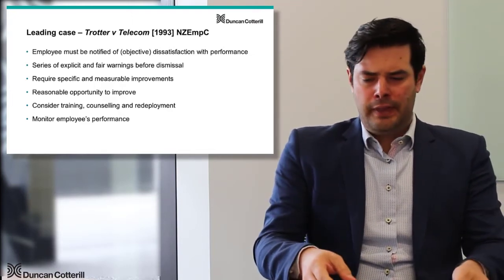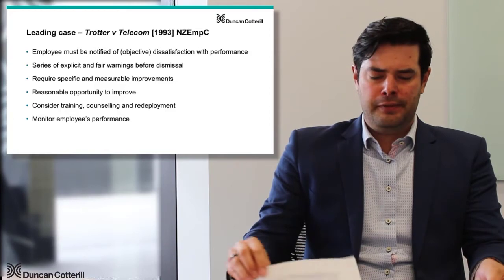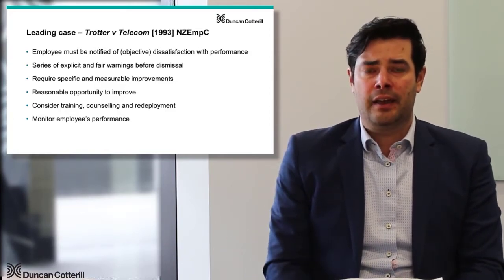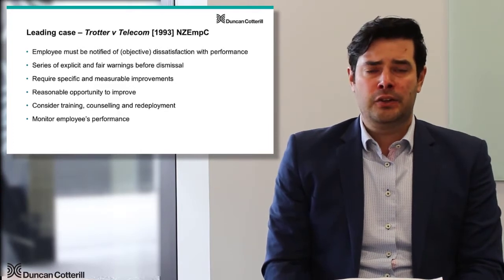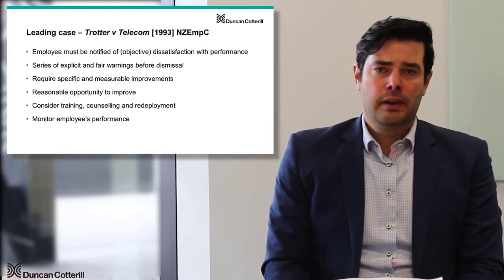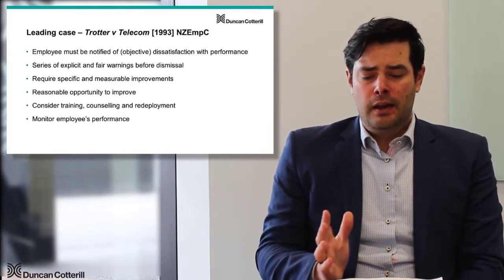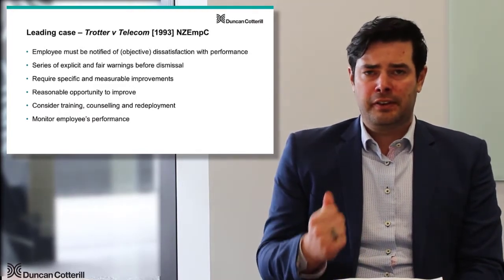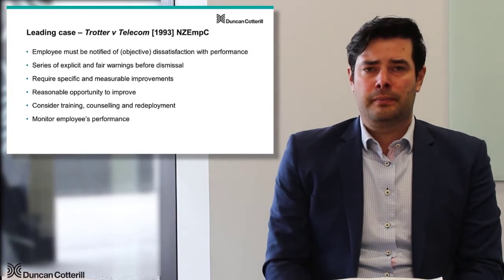What came out of that case, rather than the set of facts, is a number of principles that the employment court set down for employers in managing poor performance. We've got those listed there, but essentially the employee must be notified by the employer of specific concerns around their performance.